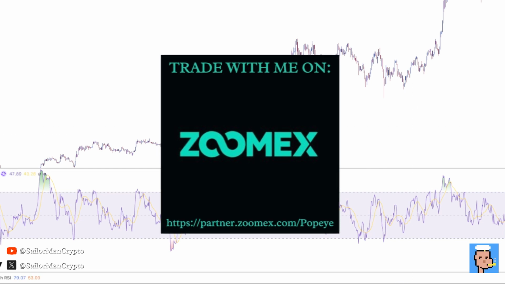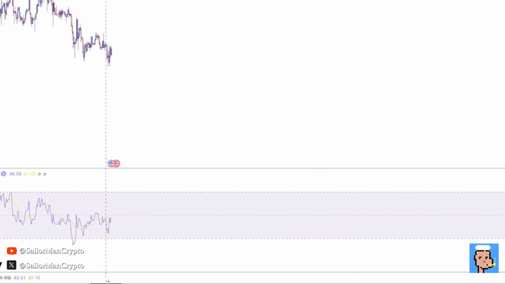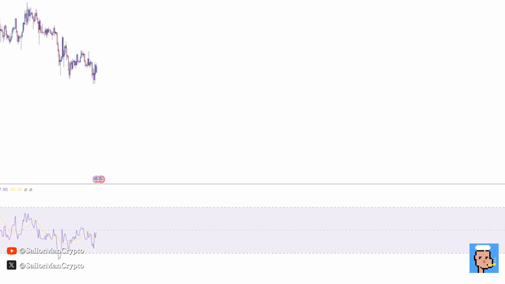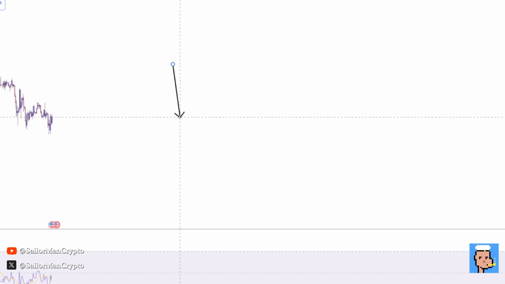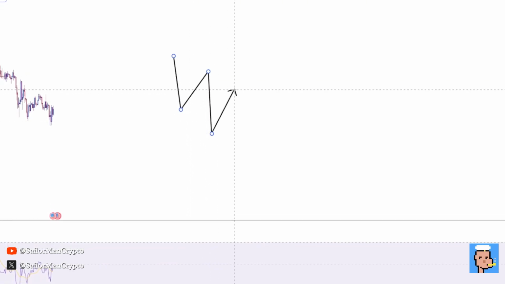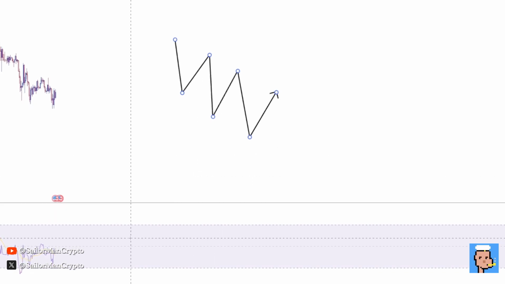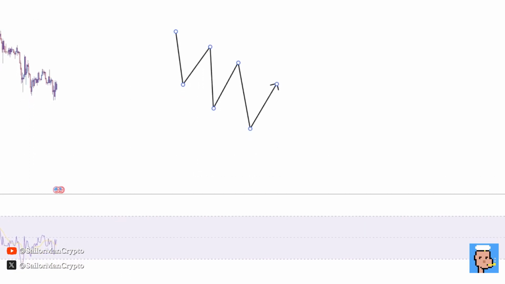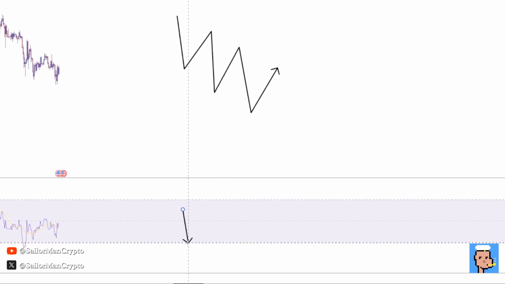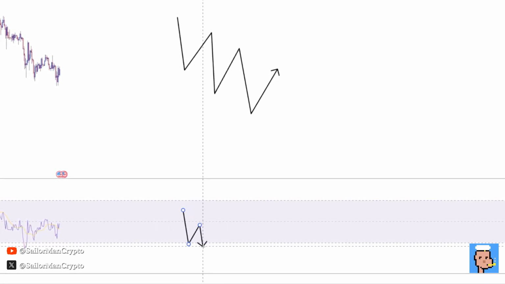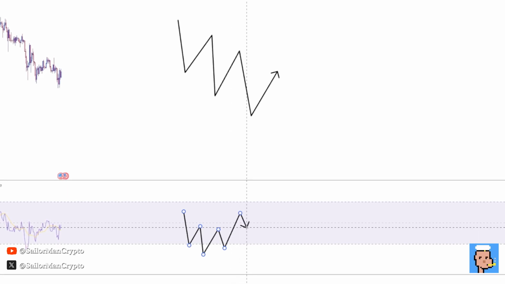Divergences, very simply put, are situations in the price action where you have, for example, the price going down, printing a series of lower lows, and RSI, on the contrary, starting to diverge, meaning stopping to do a series of lower lows and starting to form potentially higher lows.